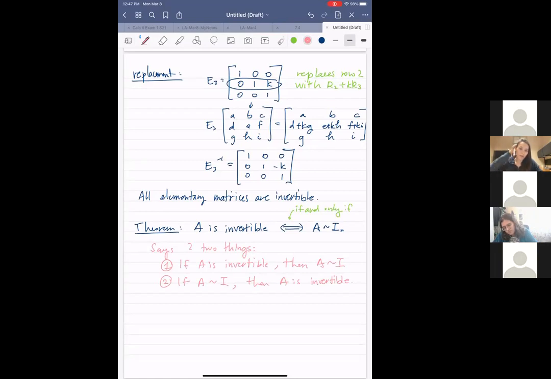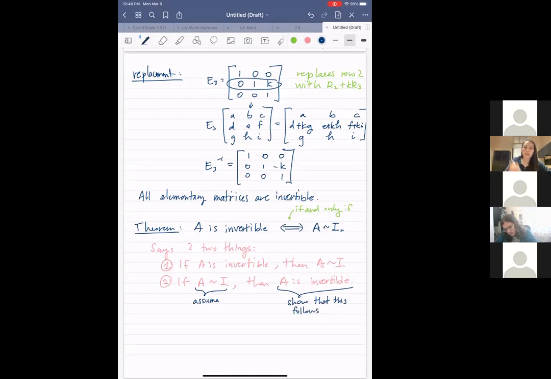And so the way that we go about showing this type of statement, say focusing on this part 2, what we do is we assume that this if statement is true, and we have to show that this follows, right?